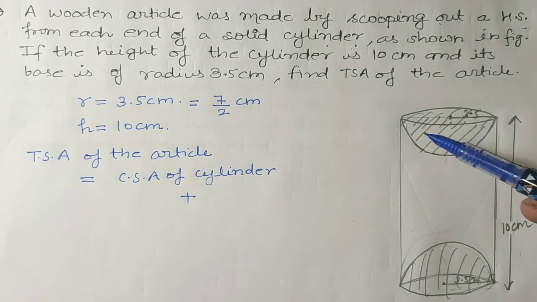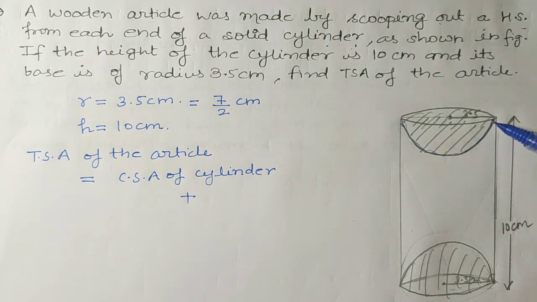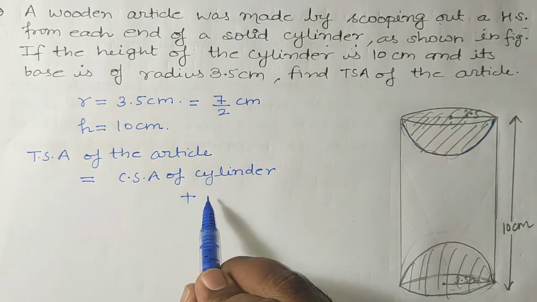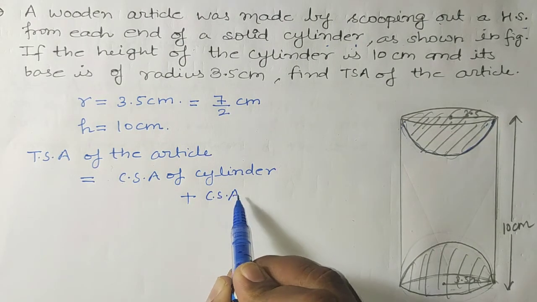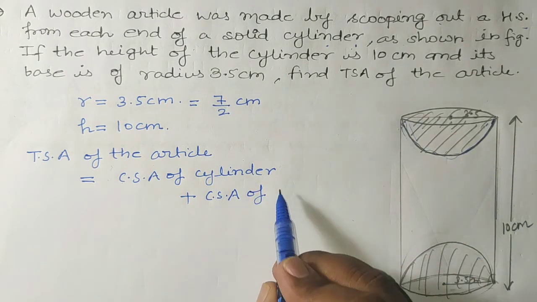So this wall is generated in this cylinder. This circular wall is generated in this cylinder. In the beginning it was not there, but after scooping out this hemispherical portion, now this wall will be generated there. So we have to add the curved surface area of hemispherical portion.